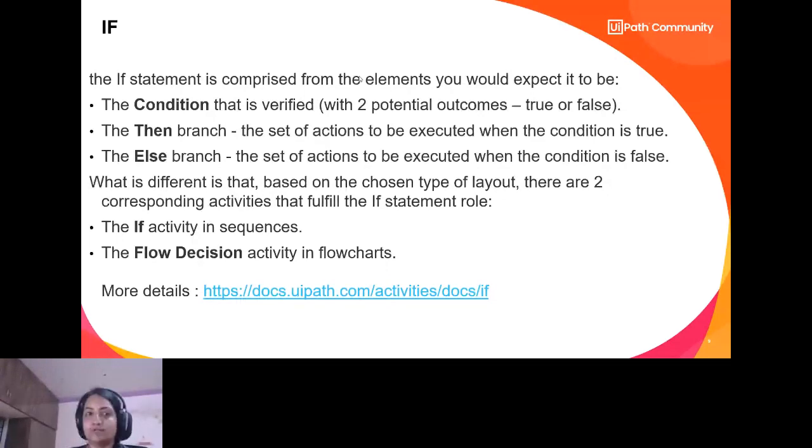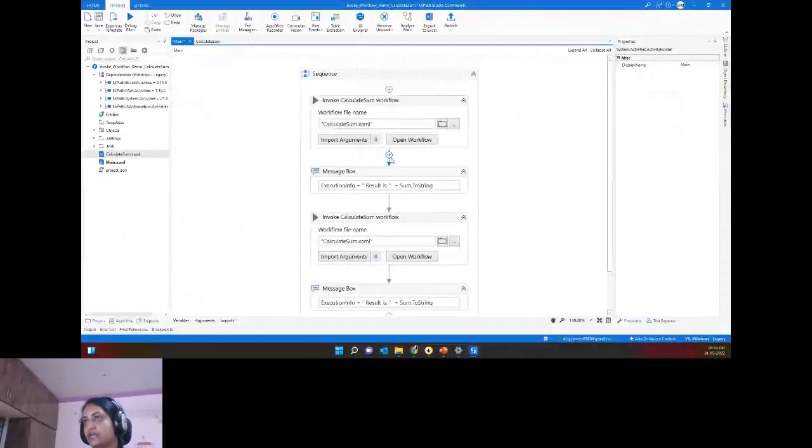The then branch sets the action to be executed when the condition is true, and the else part sets the action to be executed when the condition is false. Let me show you what the two different types are.